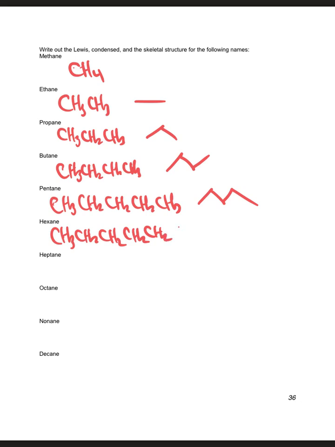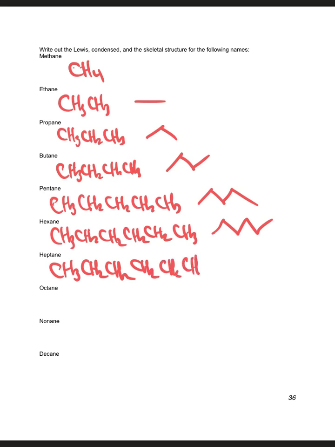4, 5, 6. 2 methyls on the end. And then heptane has 7. 3, 4. Octane has 8. We'll just draw the molecule: 1, 2, 3, 4, 5, 6, 7, 8.